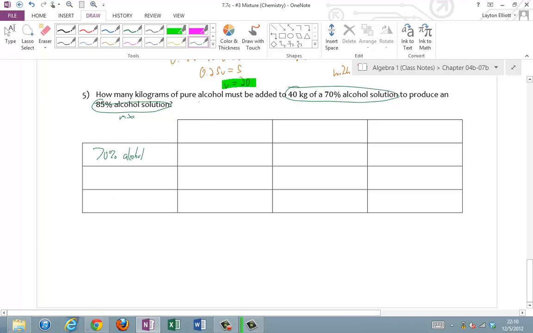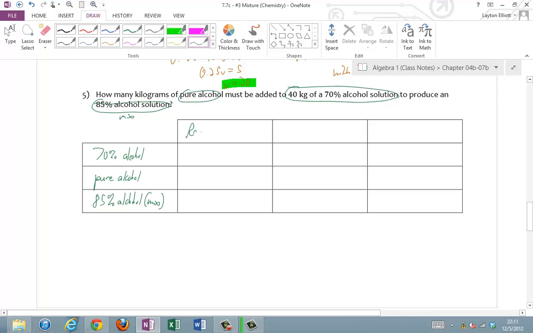I'm going to add pure alcohol, which is actually impossible. And then I'm going to get, oh, not 830, 85%. And that's our mix.